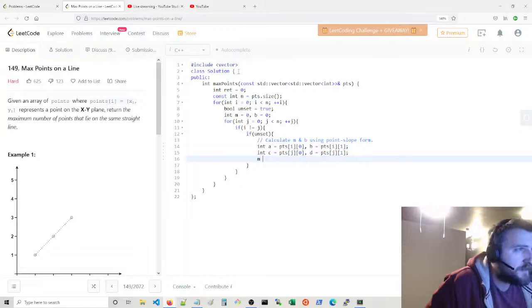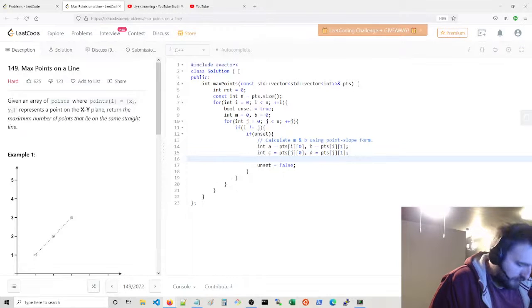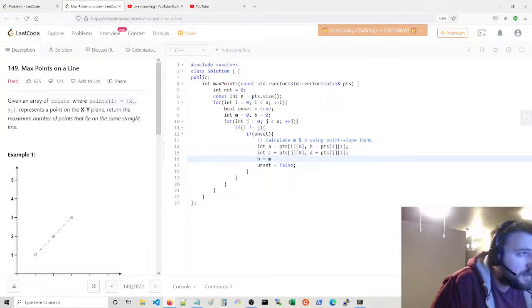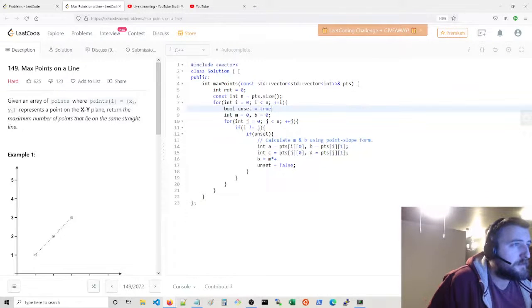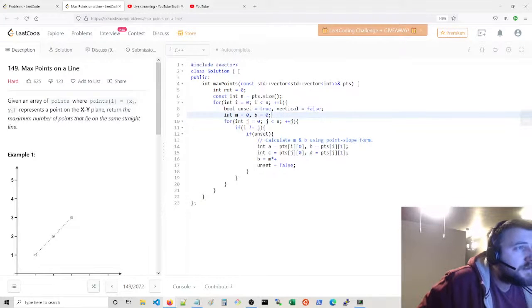m would be, so unset is going to be false, by the way. B is going to be m times x0 plus b. Yeah, we do need to do something about whether it's vertical. Vertical equals false.